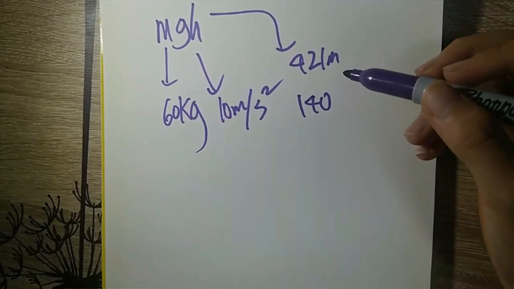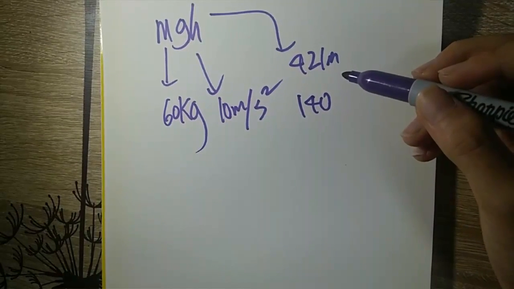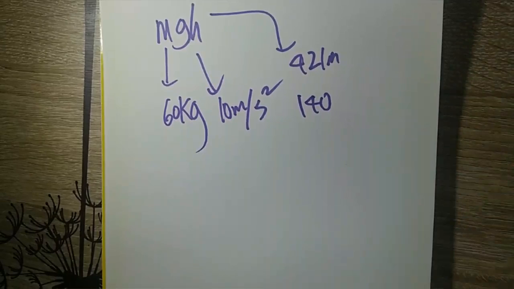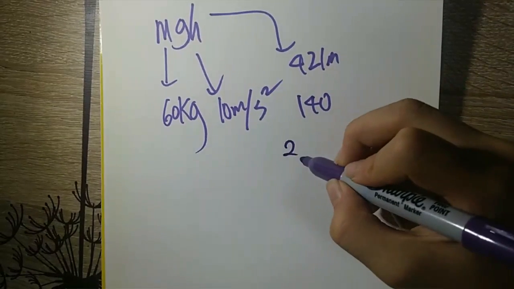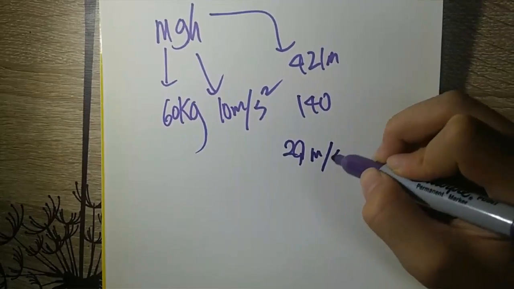Then you have to drop off a 140-story building, which is a little bit of an adventure. And it is really dangerous, since if you are right on the floor, it counts as 29 meters per second.